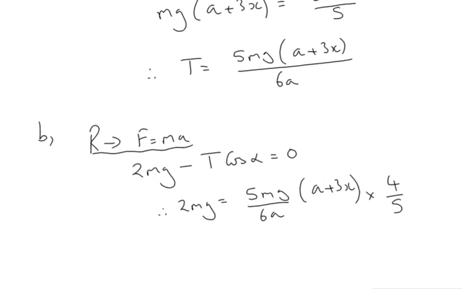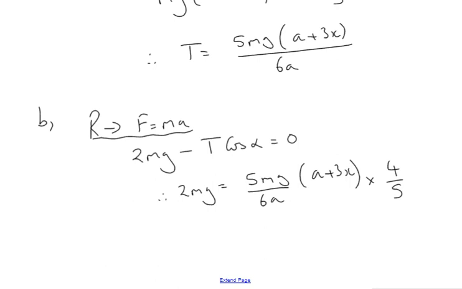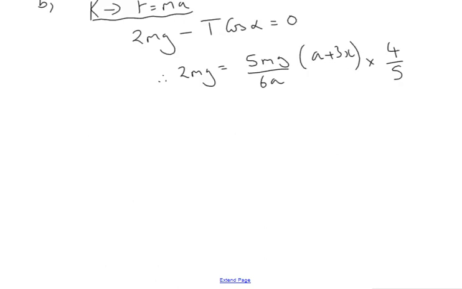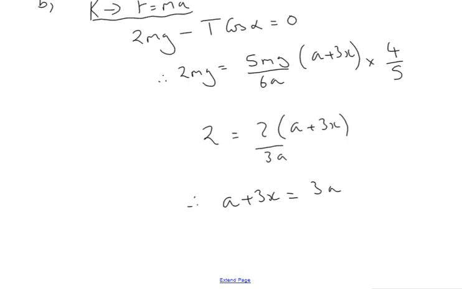And so if we work through that, the mg's will cancel, and so we end up with 2 equal to 2(a plus 3x) over 3a, and so therefore a plus 3x is equal to 3a, and therefore x is 2a over 3. So that has worked out x in terms of a.